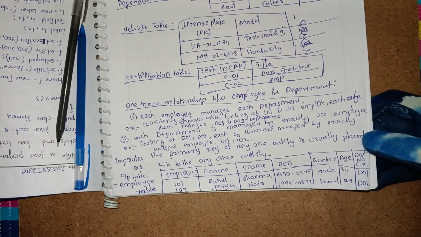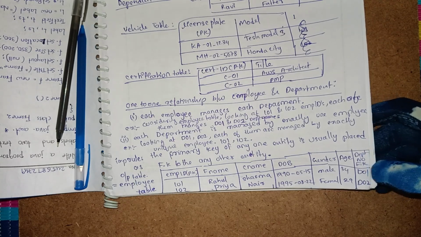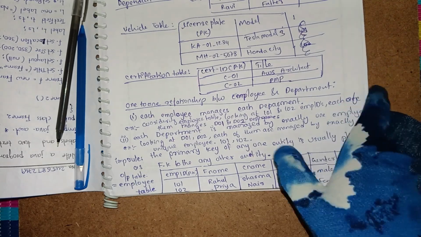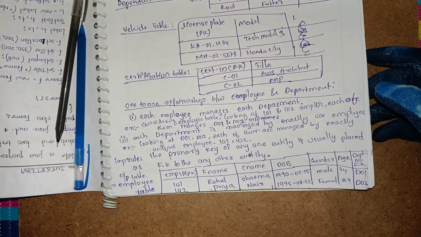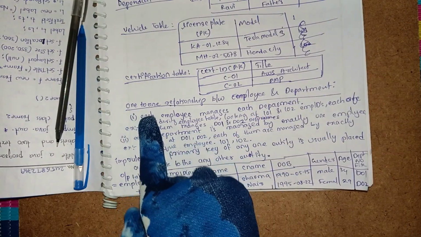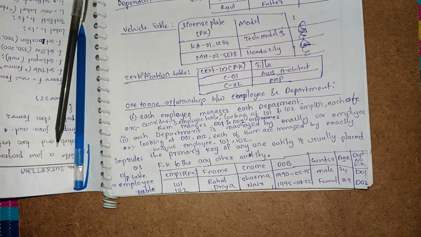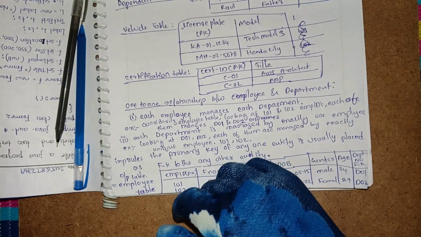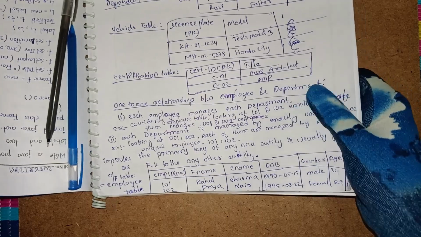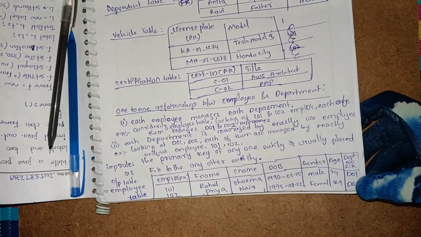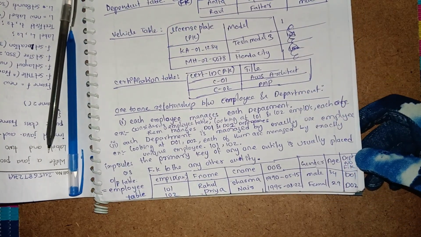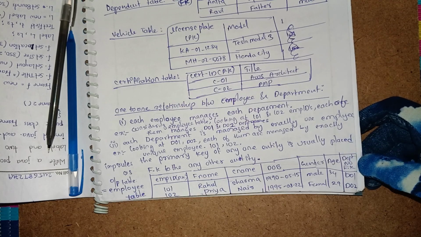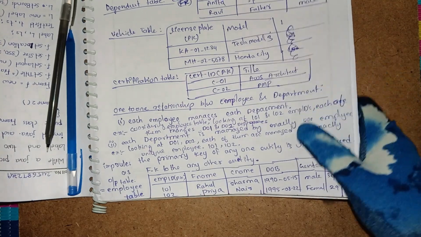The values of this foreign key should be unique, because it is a one-to-one relationship. Only one department is managed by only one employee, and each employee manages each department. So that's why we should not use redundant values in a one-to-one relationship in the case of foreign keys.